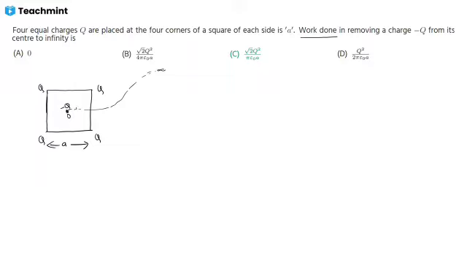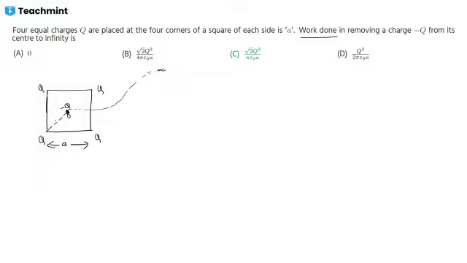Because of the four charges at the four corners, there will be some potential at the center of the square. Let us find that potential first. There is no need to find the potential at O due to all four charges separately, children, because the charge is the same and the distance is also the same. So let us find the potential at point O due to any one charge and multiply it by 4.